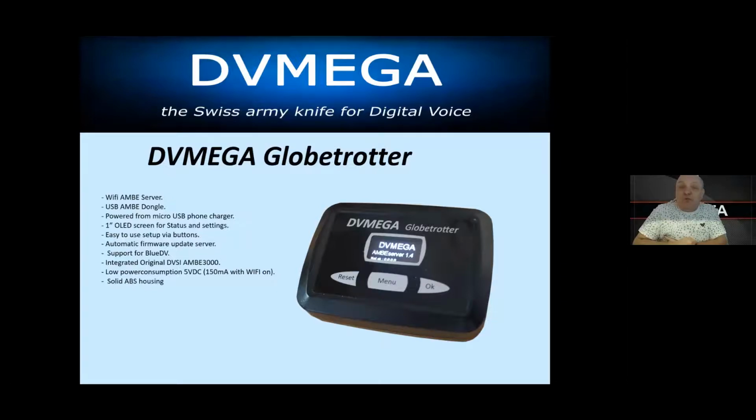You don't want to carry all your ham equipment with you, but you still want to stay in contact with your local group of hams. You can open the BlueDV app, and it connects to the MB server at your home, in this case a Globetrotter. You can connect via Wi-Fi, and you can also use it as a USB MB dongle.